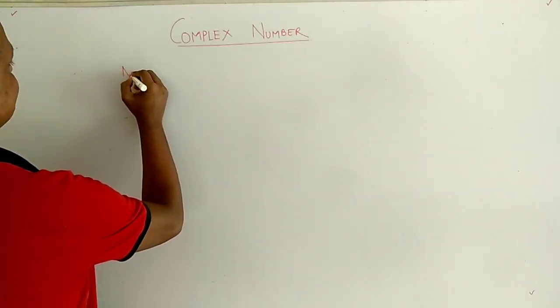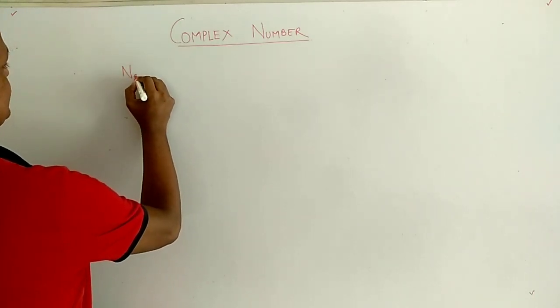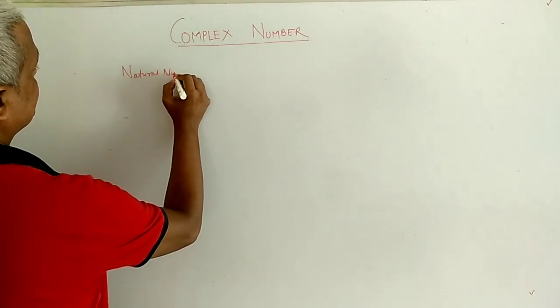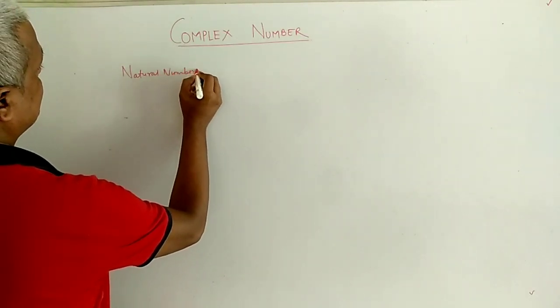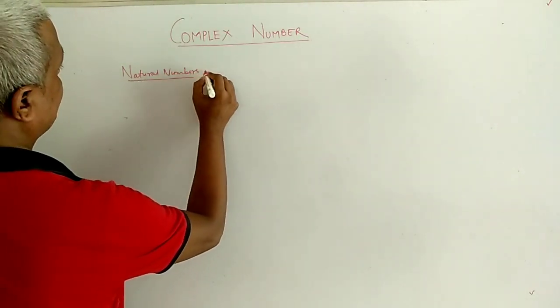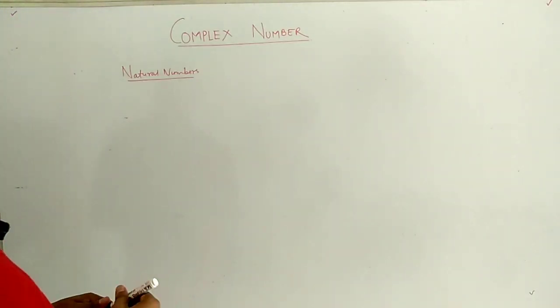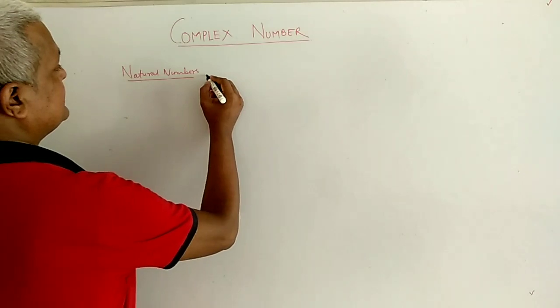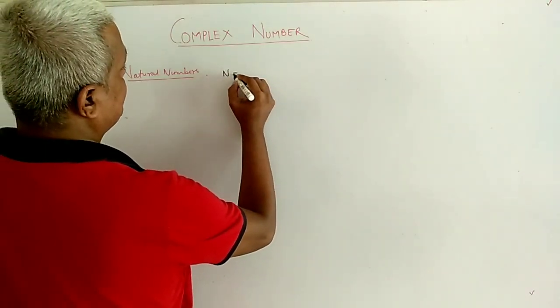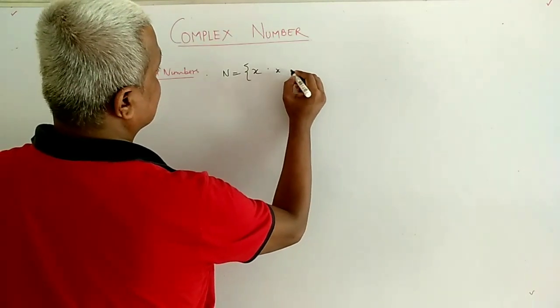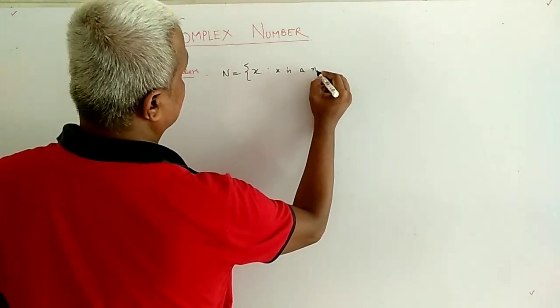We have a set of numbers called natural numbers. Natural numbers are also called counting numbers, and they are represented like a set N such that x is a natural number.